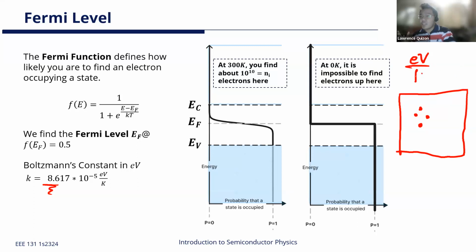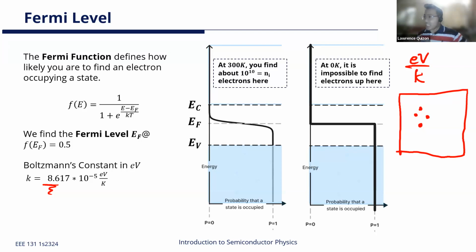And Boltzmann theoretically calculated this, and he found that it's around 8.617 times 10 to the minus 5 electron volts. Actually, the real Boltzmann's constant is in joules per Kelvin, but we turned it into electron volts because electron volts is our measurement of energy. This is the amount of energy that temperature gives each particle.